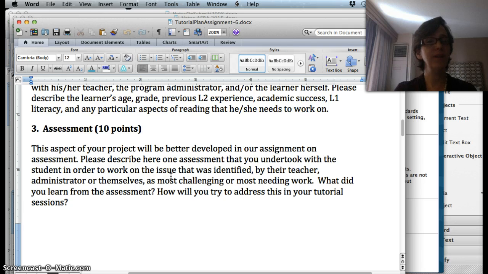But here in this first part, you're just going to describe what you did to try to understand the learner's level and how well the learner reads, and other information about what they need to work on. If our assessment plan isn't helpful enough, then I can help you identify more assessments or more relevant assessments for your particular case.